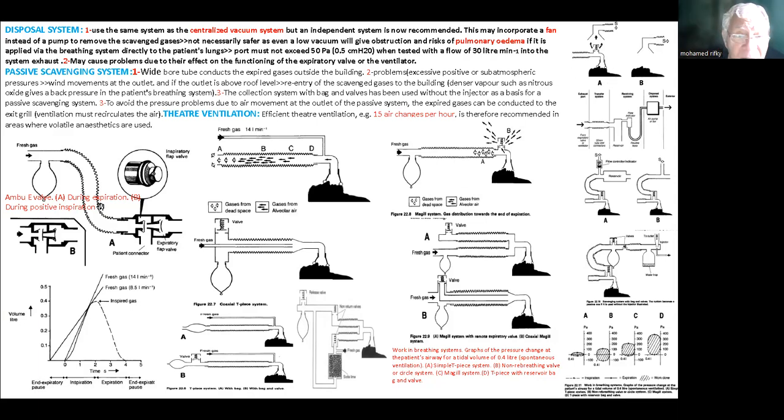This is the ambu valve, as we can see. During inspiration and expiration, it can be, as we said before, used as a non-rebreathing or a controlled ventilation. And this is the T-piece, and this is the expiratory flow, and this is the area where, whenever there is a proper expiratory pause, we can remove all that is present here, and only this area will contain the fresh gas flow.